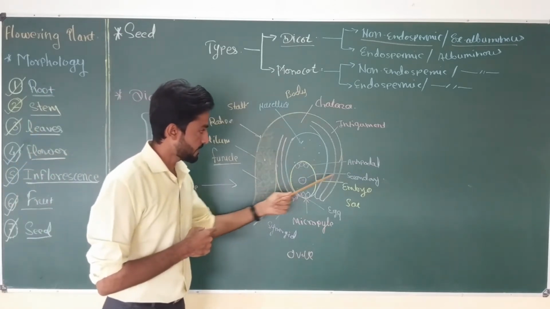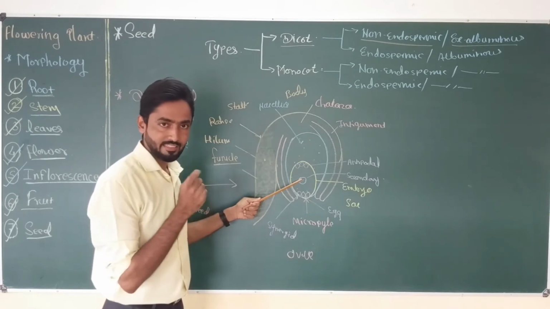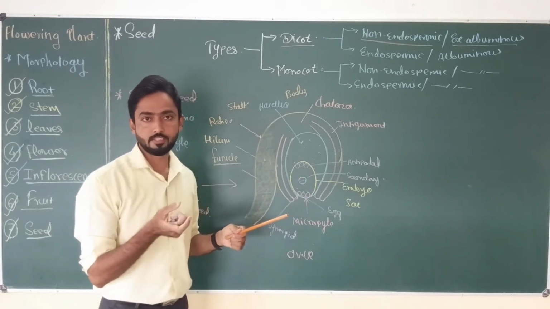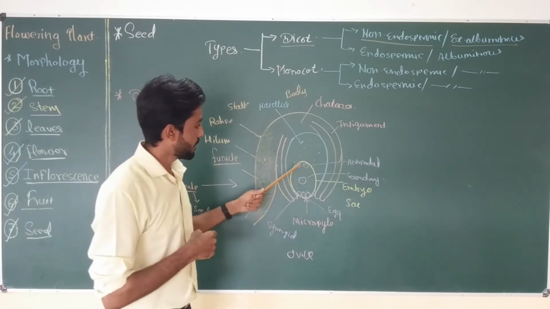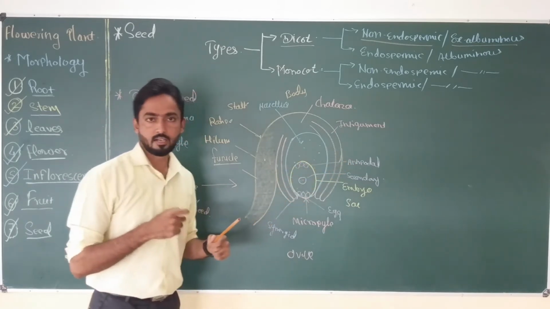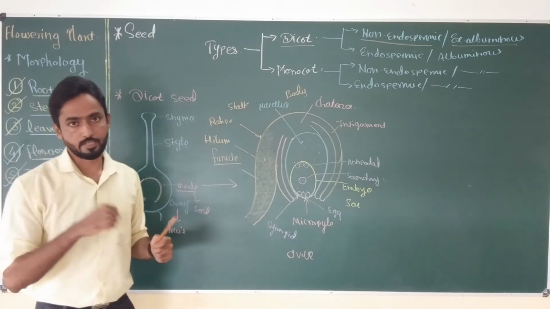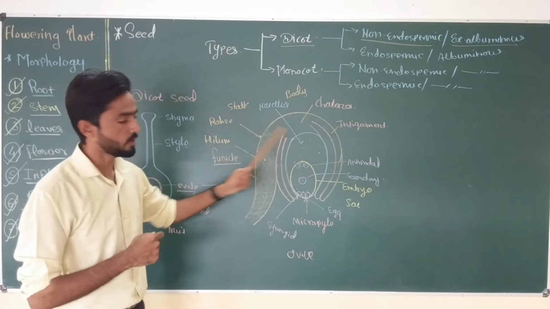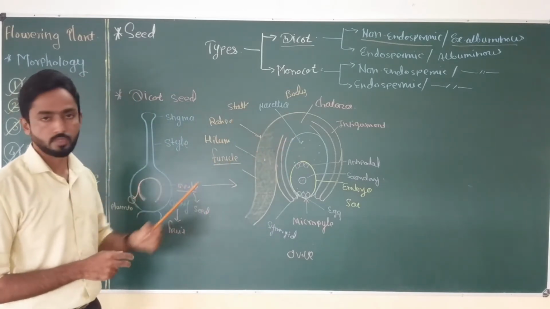Now the central cell is called the secondary cell, and this secondary cell will produce endosperm after fertilization with the secondary male gamete. And these antipodal cells degenerate after the fertilization process. That means they are accessory cells. Okay, so this is all about the ovule and the function of different parts of the ovule.